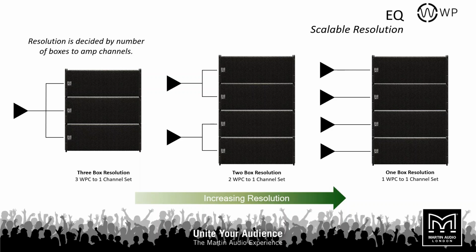So the nice thing about WP is the fact that it is scalable, and we can make our decisions based on how many amp channels we have available, and if we're in a touring market, of course, how much budget there is in the event to send out amplifiers.